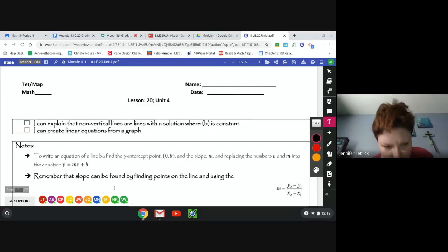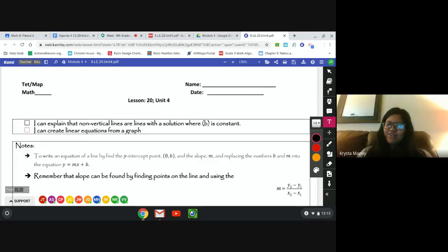Let's get... why not? Who is this person? Miko? Miko, unmute and read the second learning target. There's no Miko on this thing. I can see it.